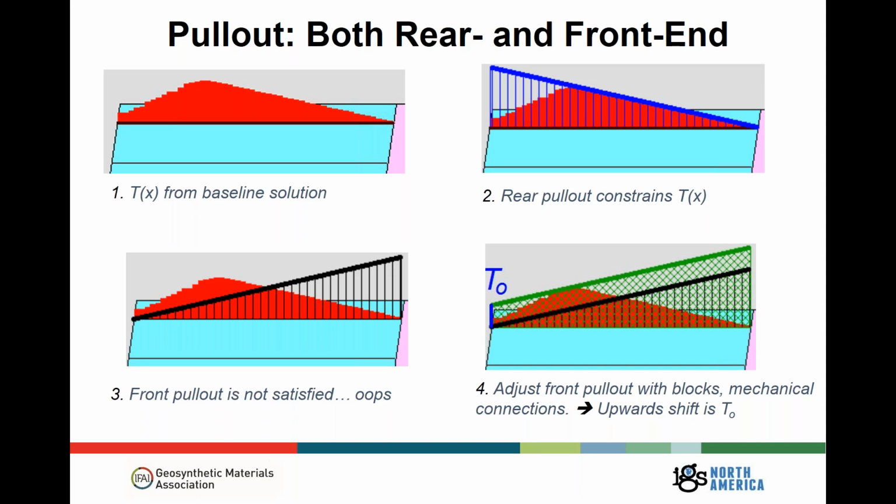So, step 1, those are the results from the baseline solution. The red over here represents the distribution of tensions from the baseline solution for a given single reinforcement. Notice that it's remarkably planar, linear here. The reason for that is that it is limited by that rear end pullout constraint.